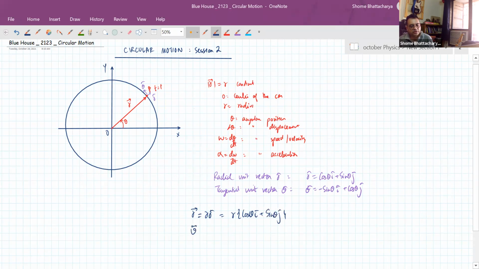And the velocity vector at any instant is this. It is along the tangential unit vector. You can see that velocity has a magnitude of r omega, and velocity is tangential in direction.